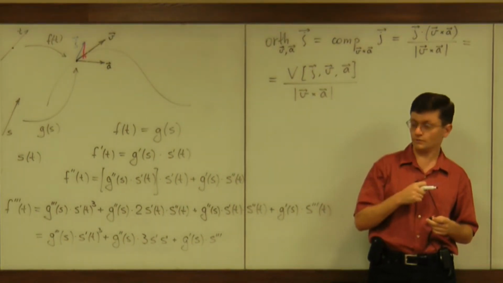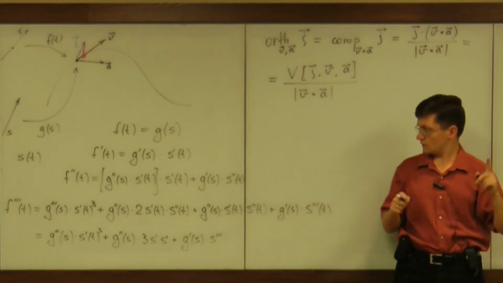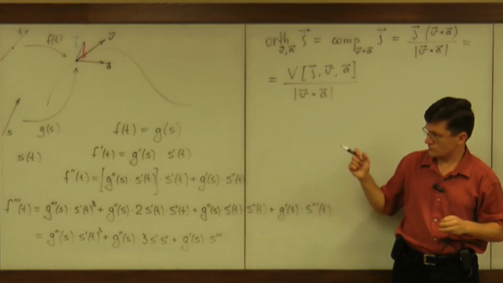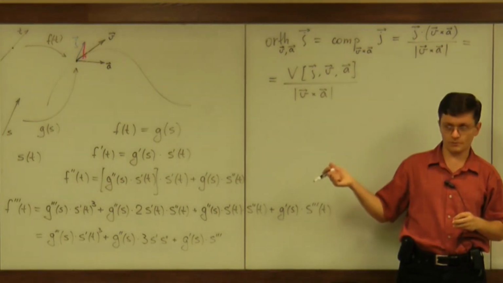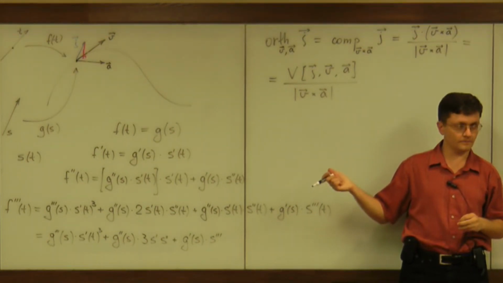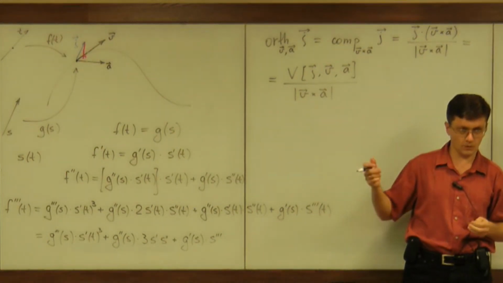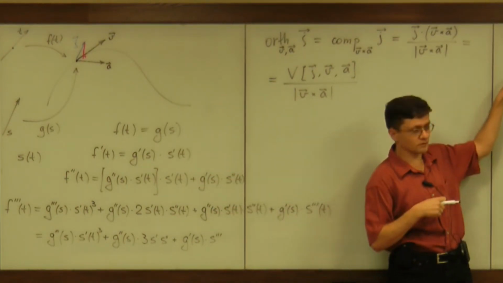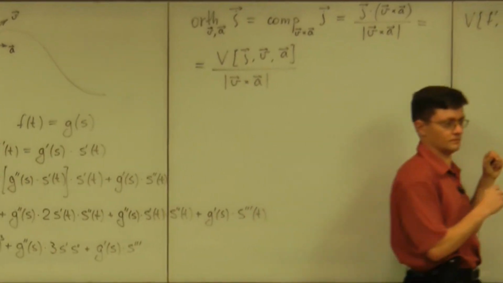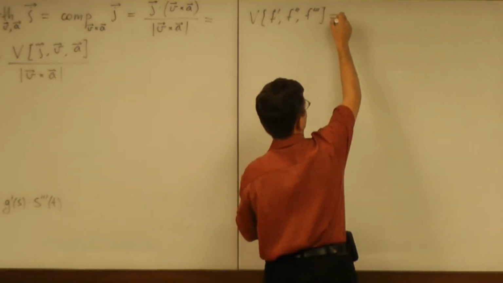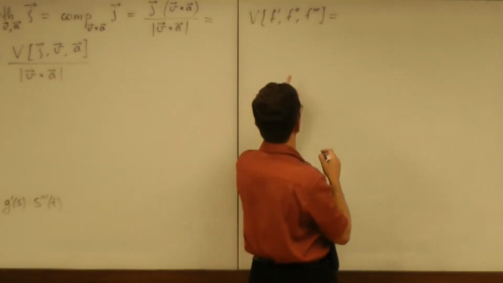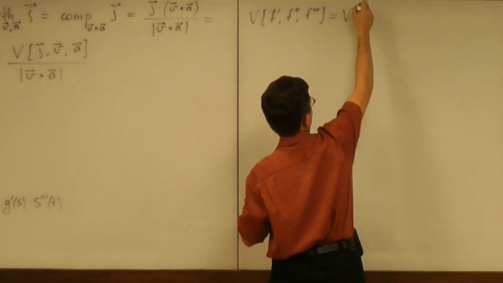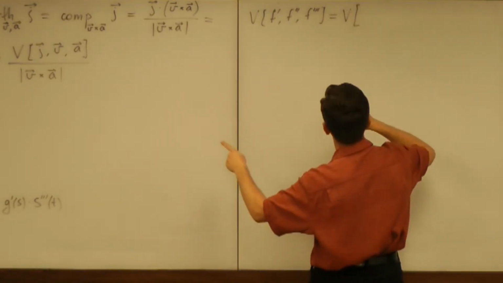And on the other hand, we have to compare that volume to the volume on g prime, g double prime, g triple prime. And the way we can do it is by substituting all these formulas into that volume. Well, that's exactly what we did for the curvature. So what if I substitute all those formulas?